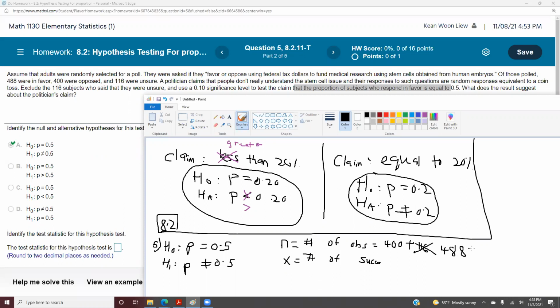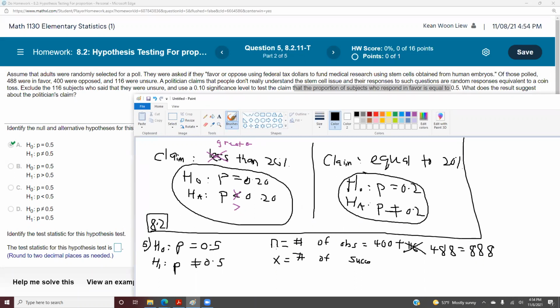488. So what's the total here? For N, N is 888, sorry. The number of observations is 888, where you take 400 and 488 and add them up. Do not include 116.